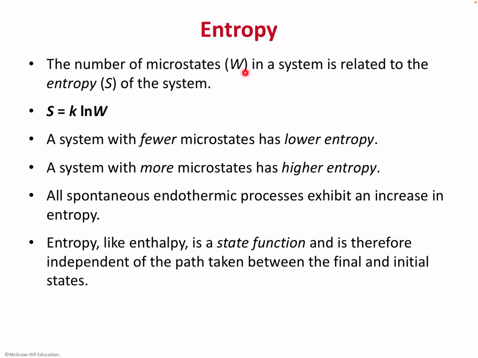Meaning the more number of microstate a system would have, entropy would increase. Okay, so there is a formula, entropy equals K ln W. K is a constant. W is the number of microstates. A system with fewer microstates has lower entropy. A system with more microstates has higher entropy.